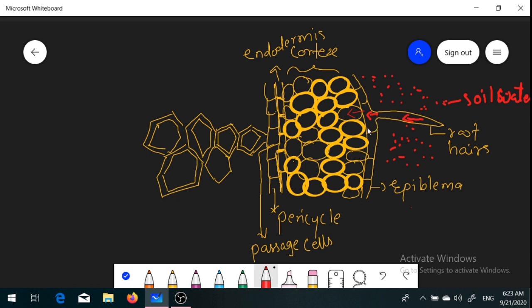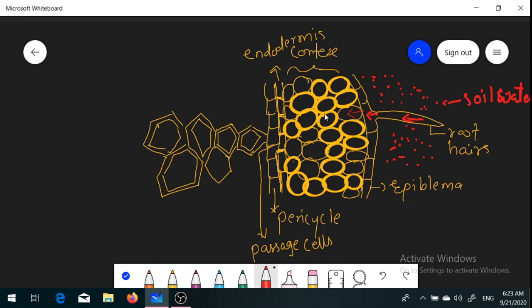Turgid cells have a low osmotic pressure because they are full of water and therefore osmotic pressure is low. But this adjacent cell has a high osmotic pressure. Okay. And due to that the water enters inside this cortical cell which has the high osmotic pressure. Then from this there is the adjacent cell.